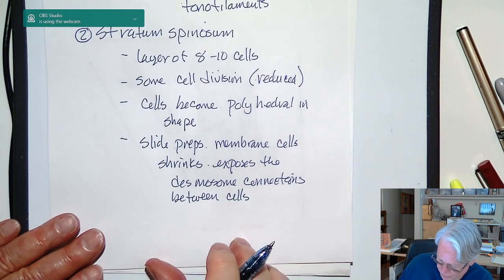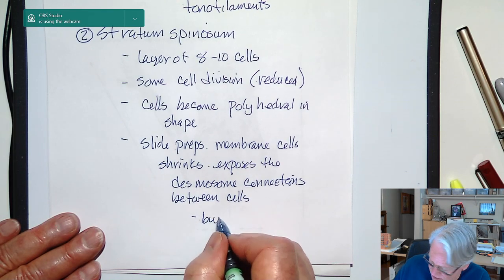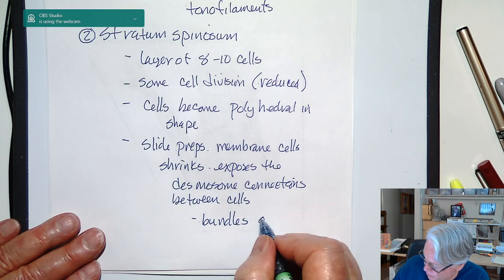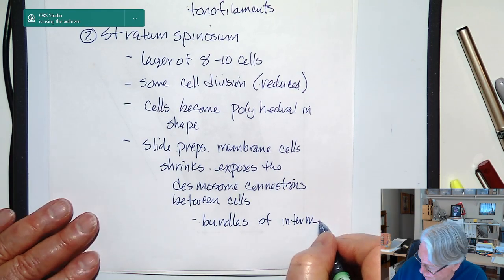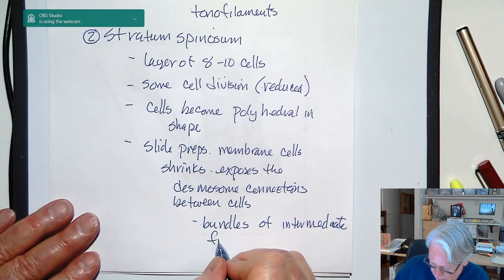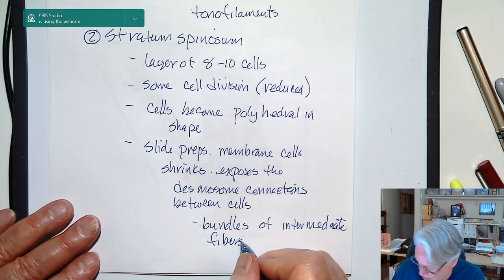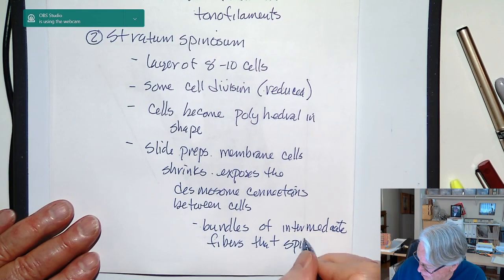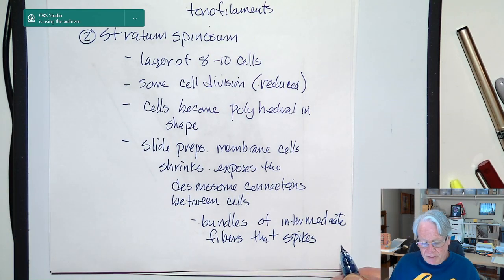Okay. And these spiky areas are, within them are these bundles of intermediate filaments that produce spikes. Okay. All right.